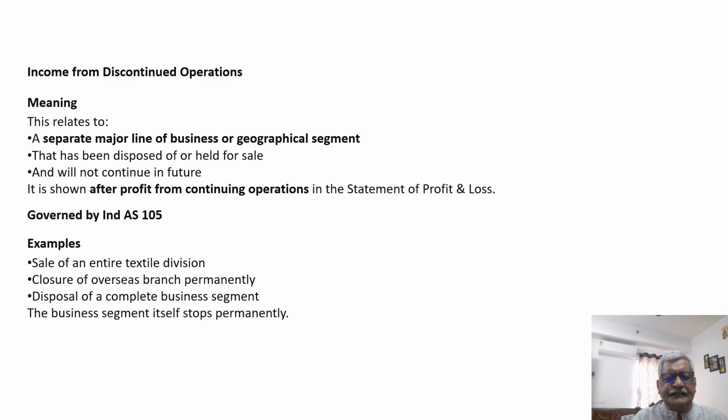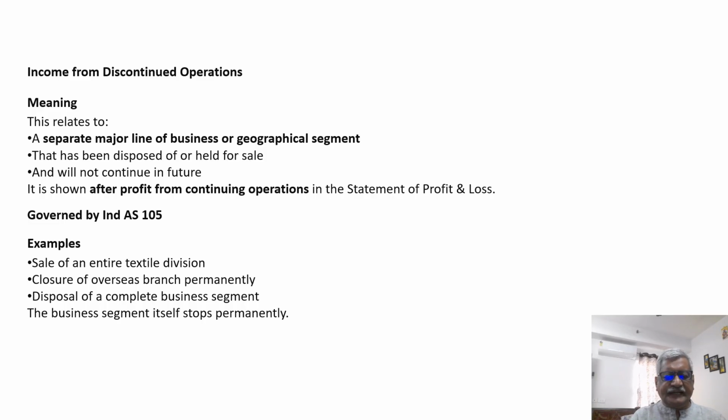Income from discontinued operation relates to a separate major line of business or geographical segment that has been disposed of or held for sale and will not continue in future. It is shown after profit from continuing operations in the statement of profit and loss, governed by Ind AS 105.